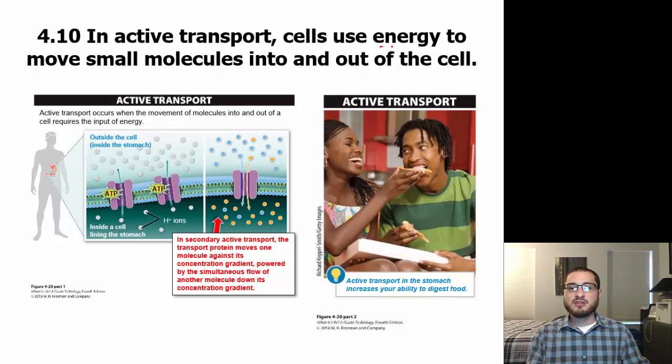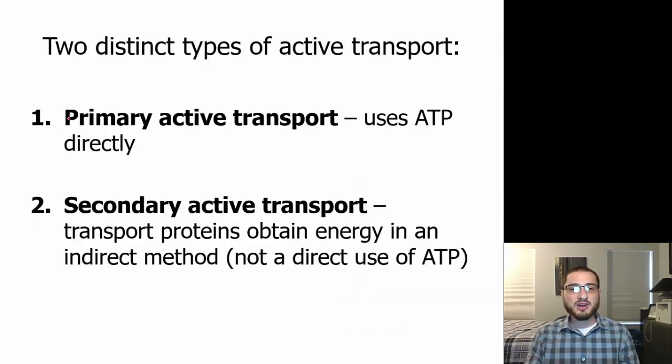So energy is needed for this to occur in order for small molecules to move in or out of the cell. And you see that there are two types of active transport. You're going to have primary active transport, which directly uses ATP, and then you're going to have secondary active transport, where transport proteins are going to obtain energy in an indirect method, not a direct use of ATP.